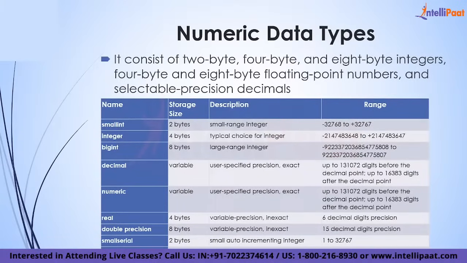And coming to the decimal, I think you might have already used these in other databases, right? You have used all these data types, basically the integer, and smallserial, bigserial, and serial. This is basically a kind of sequence.